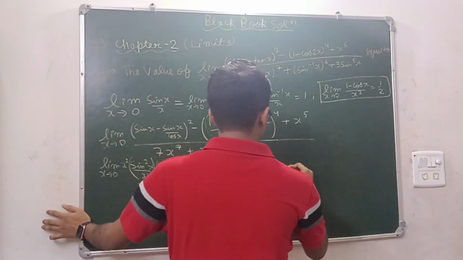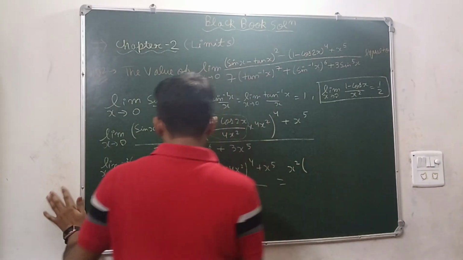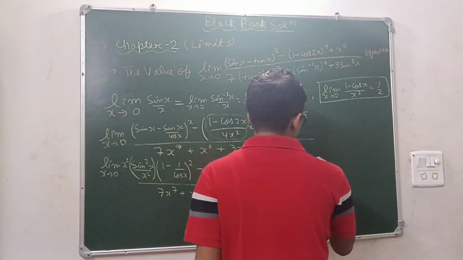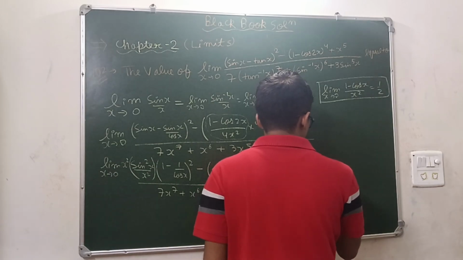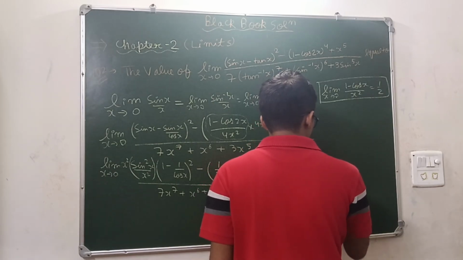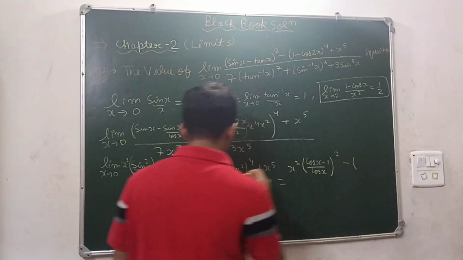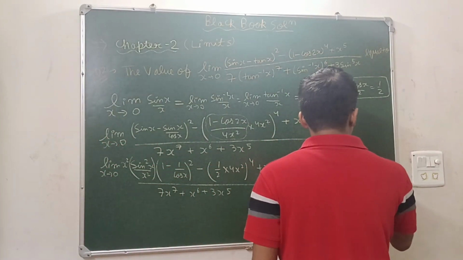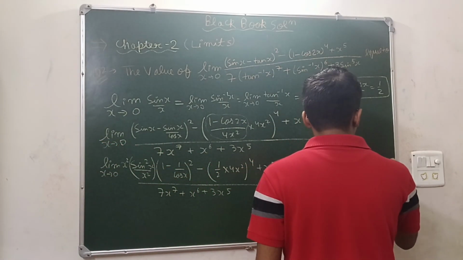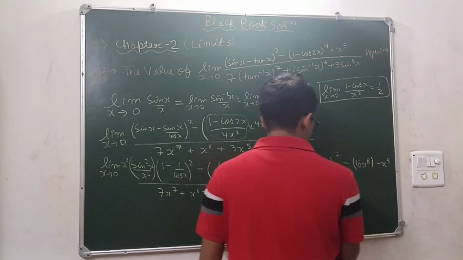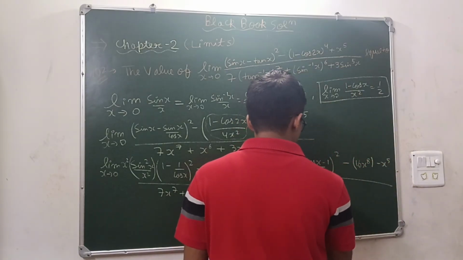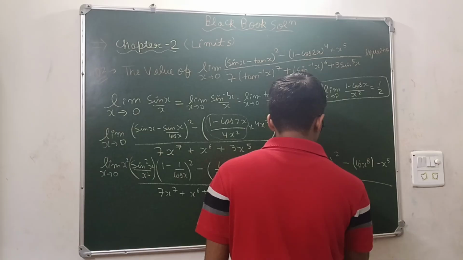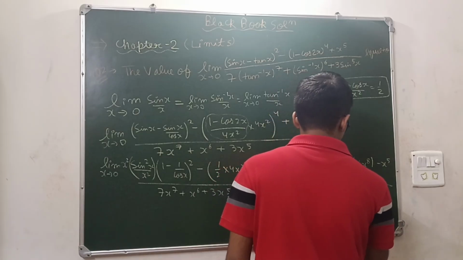Okay, so here this will become x square and cos x minus 1, cos x minus 1 upon cos x whole square, minus, this will become 2 to the power 4 means 16 x to the power 8 minus x to the power 5, okay, upon 7x to the power 7 plus x to the power 6 plus 3x to the power 5.